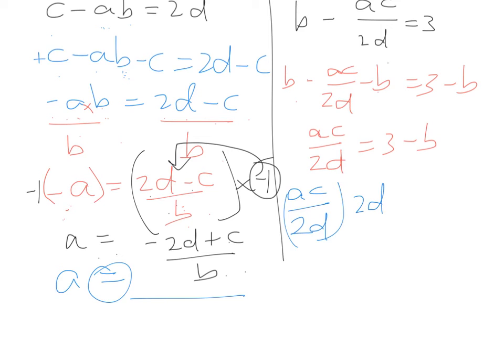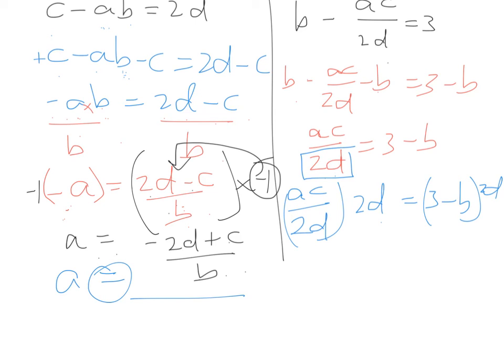What I meant by making life easy is that we've got one term with two values at the bottom there, so we can multiply by both of those. So now that equals 3 minus B, and we're going to multiply by 2D.